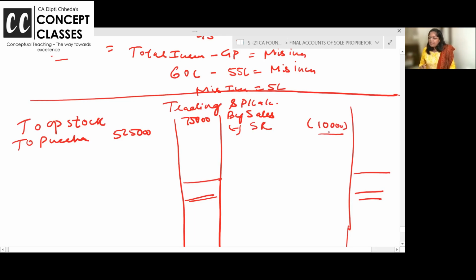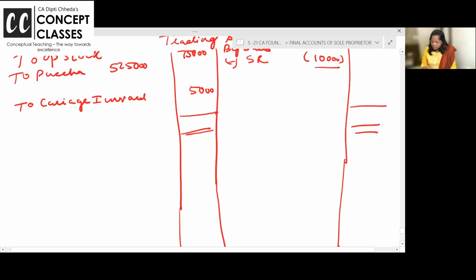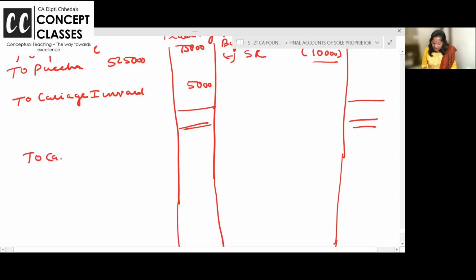Sales return 10,000. Carriage inward, leave a little space after purchase. Carriage inward, 5,000. Carriage outward always comes in the P&L account as it is related to sales.